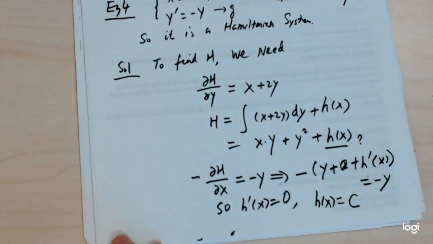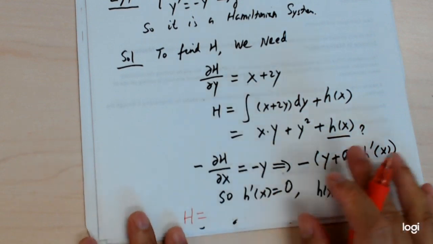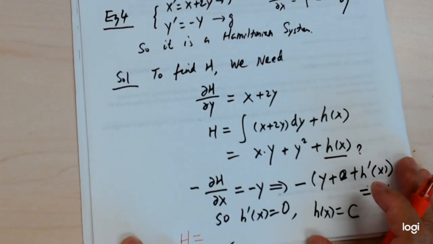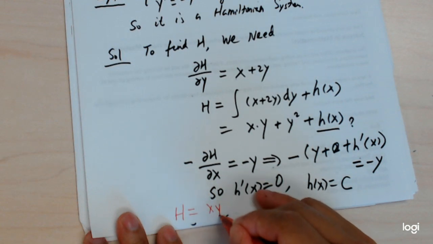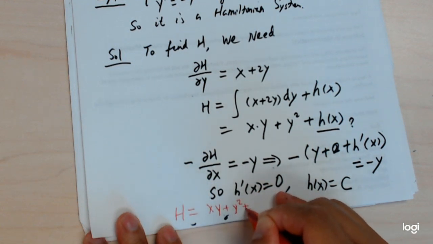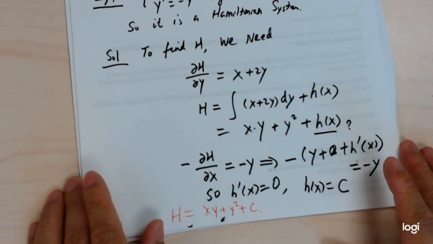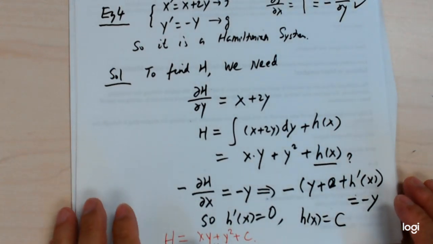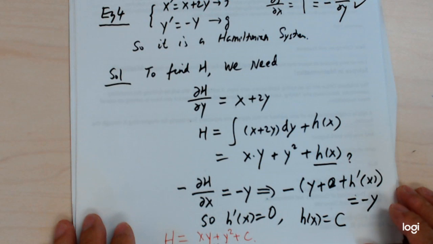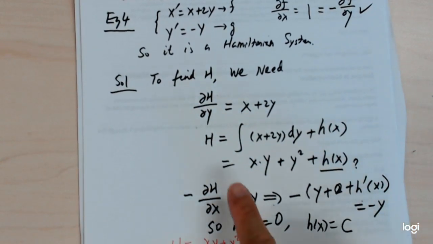So put simply, the function h that we just found is the Hamiltonian function for this system. Now we understand what a Hamiltonian system is, how to verify whether a system is Hamiltonian or not, along with how to find the Hamiltonian function.